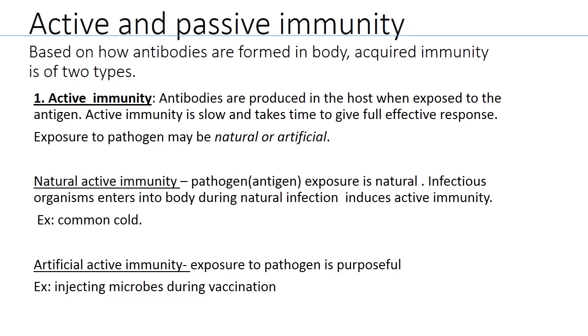Here you can observe in both cases, natural active immunity and artificial active immunity, the immune system develops antibodies to destroy the pathogen, but only the way of exposure is different. Whenever our body produces antibodies to neutralize the pathogen, that comes under active immunity.